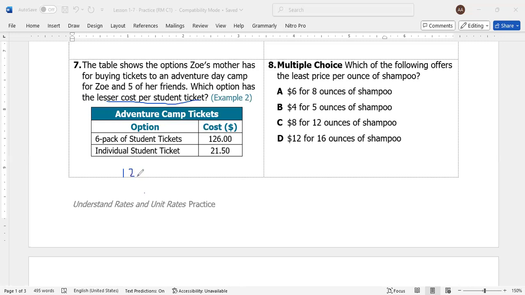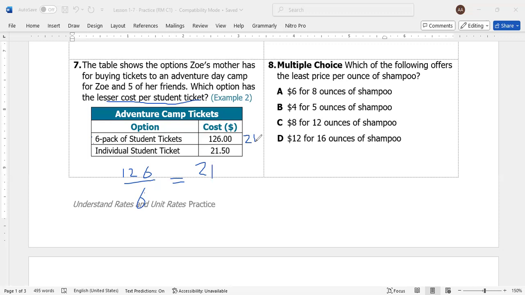So I will divide the total cost, 126, by 6 students. I will check what will be the cost of one. If you divide it, 6 times 2 will be 12, and 6 times 1 will be 6. So in a 6 pack of students, each one is paying 21.